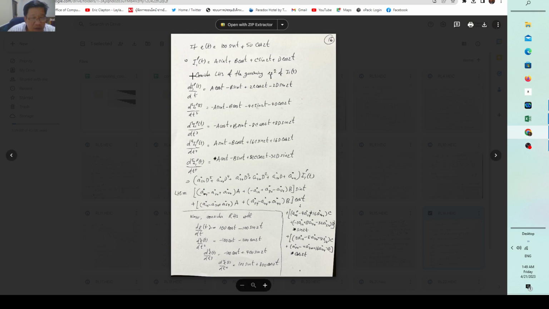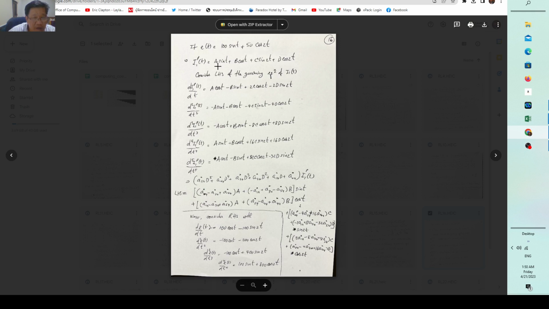So what we did, we are using this to find the particular solution of i1(t) in the time domain. We just use the classic formula of comparing the left hand side and right hand side coefficients. The right hand side coefficient of sine t is 100, of cos t is 0, of cos 2t is 50, of sine 2t is 0.